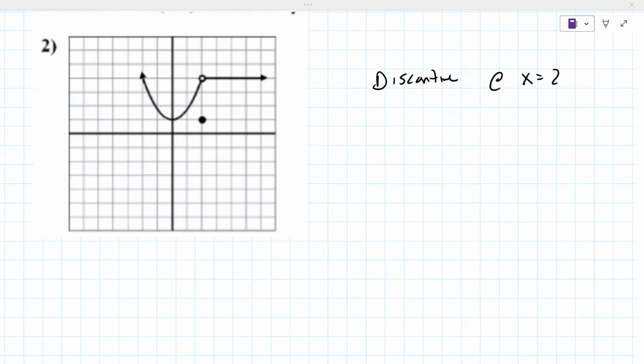Any questions on that? I don't think so. The hole's a little weird, but I think the other two are. It's literally a hole, like, I know it's filled in there, but it has to be filled in where it's coming together.